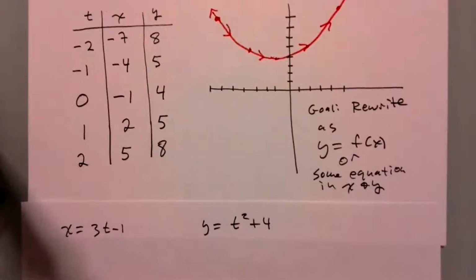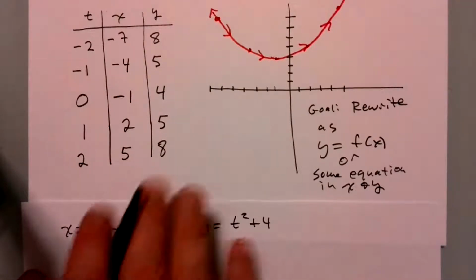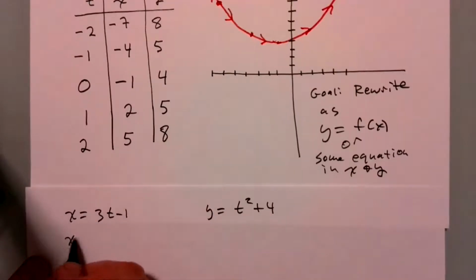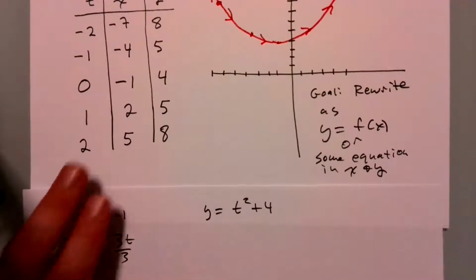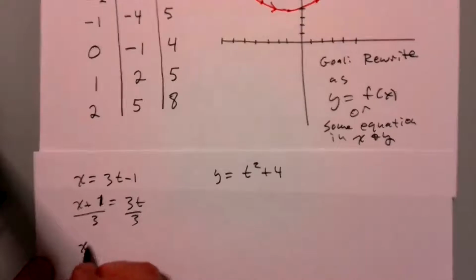So what I'm going to do here is solve for t. So if I solve for t here, add 1 to both sides, x plus 1 is 3t, and divide 3 from both sides. So I get x plus 1 divided by 3 is t.